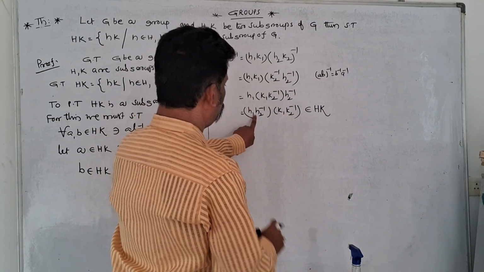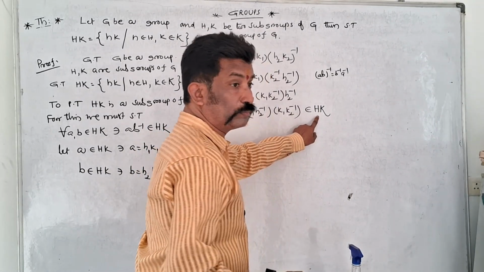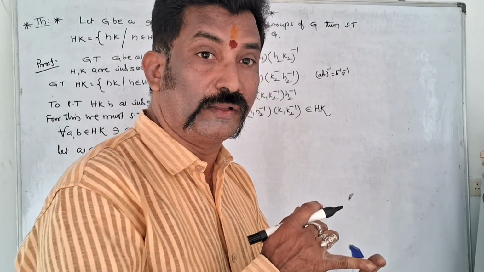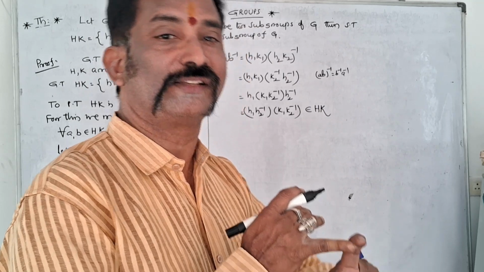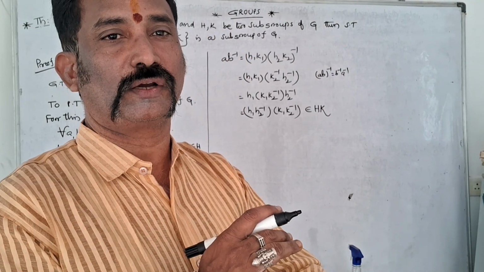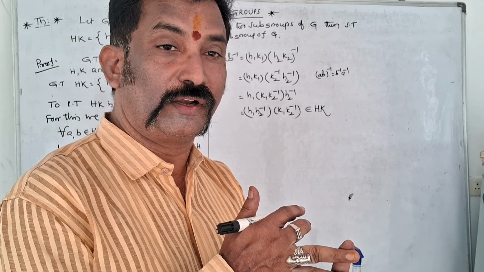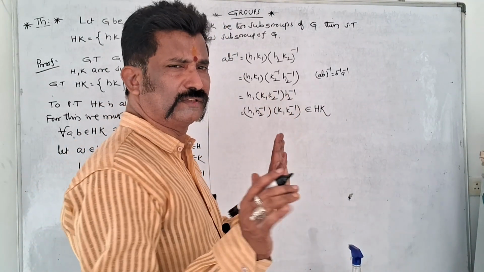Why? Because H is a subgroup of G. Subgroup means h1, h2 belonging to H implies h1 into h2 inverse belongs to H. And k1, k2 belonging to K implies k1 into k2 inverse belongs to K. That's it. Simple.